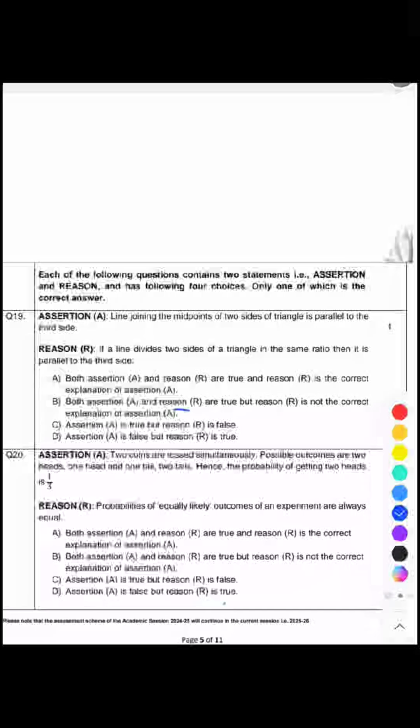Now question number 19. Each of the following questions has two statements, assertion and reason. So first assertion, what is given here? The line joining the midpoints of two sides of a triangle is parallel to the third side. Yes, it is our BPT. In a triangle, if we find the two midpoints and join them, this side and this side must be parallel according to BPT.